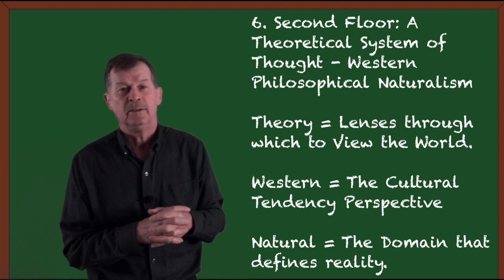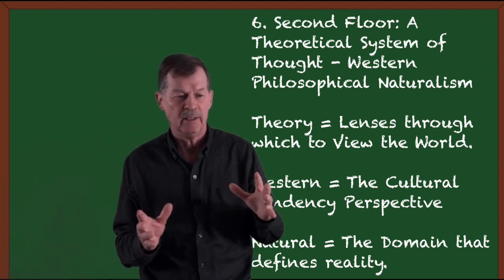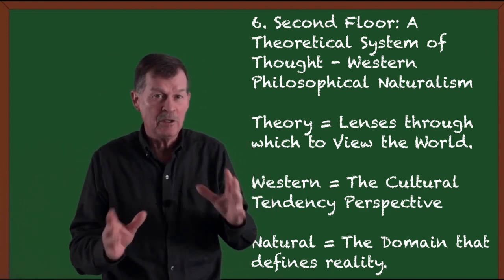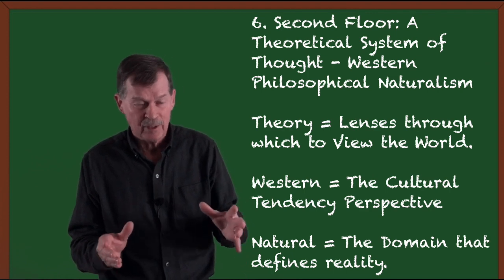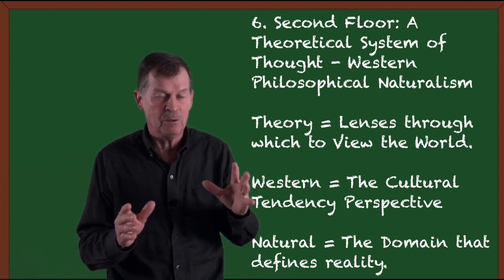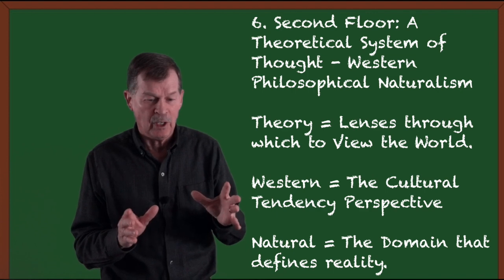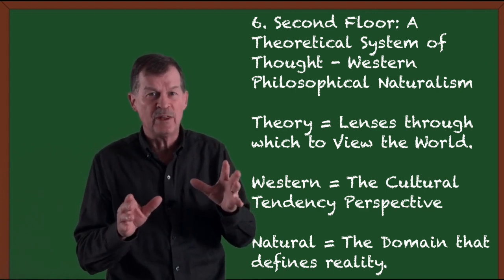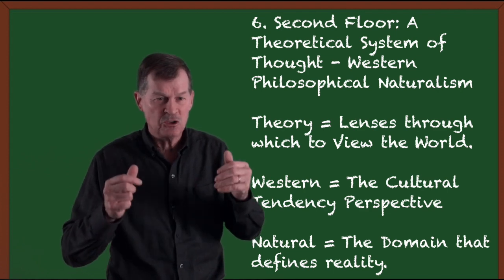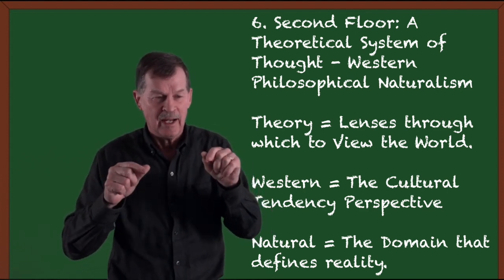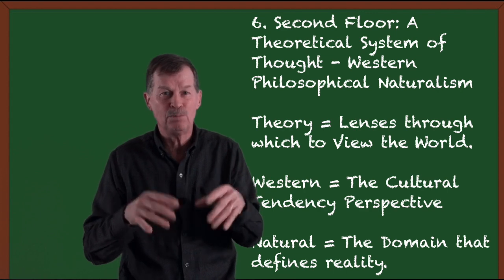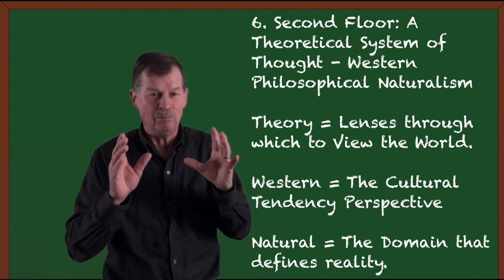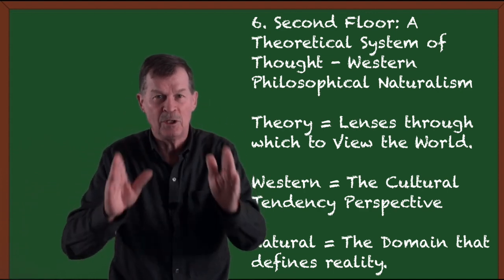Theoretical. When you study the term theory, you realize it comes from the Greek theorein, which has to do with a spectator, with looking at things. Spectator is related to spectacles, meaning that we're looking at something.